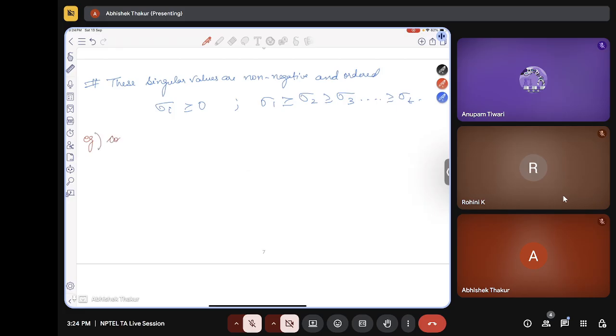So consider a 3 cross 3 MIMO system where H is equal to 2 minus 6 0 3 4 0 0 0 2. So here find the singular value decomposition of H.